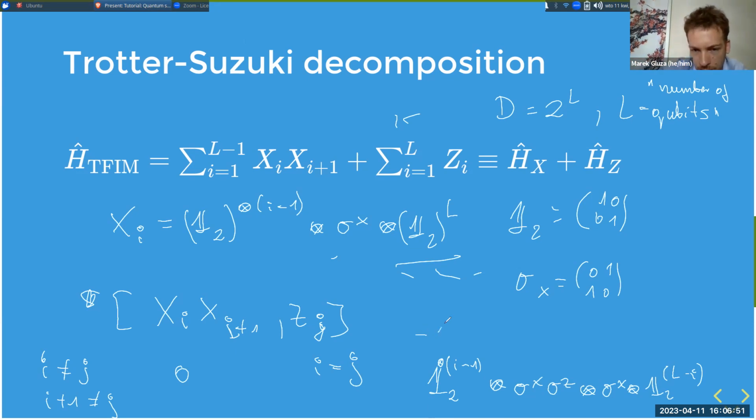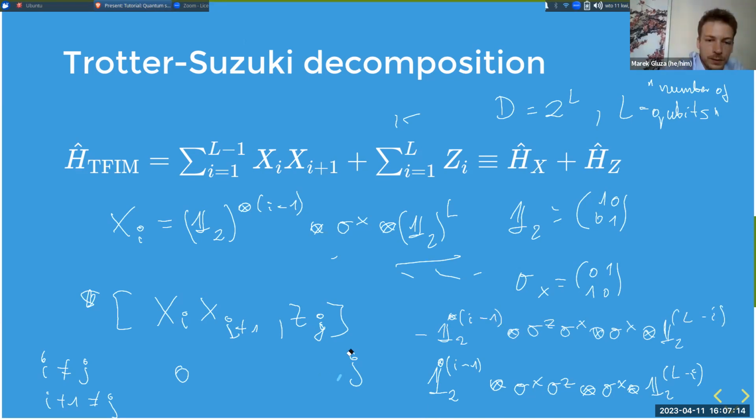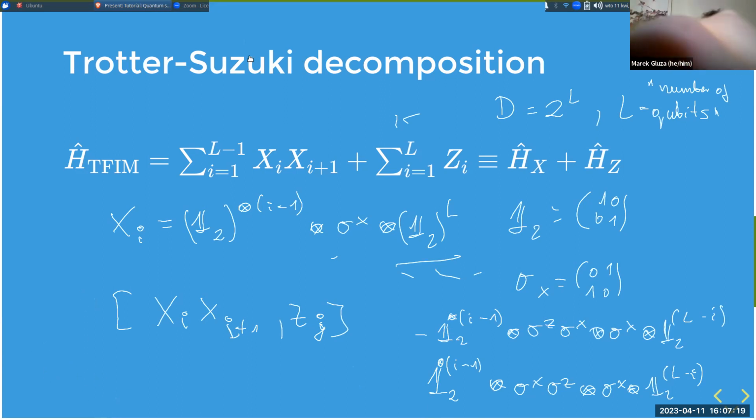Then the same identity tensor I minus 1, tensor, and here the order will be replaced: sigma x, tensor sigma x, tensor identity to L minus i. If I erase that, I can reduce this multi-qubit commutator into the commutator of single Paulis, using the associativity of the tensor product.